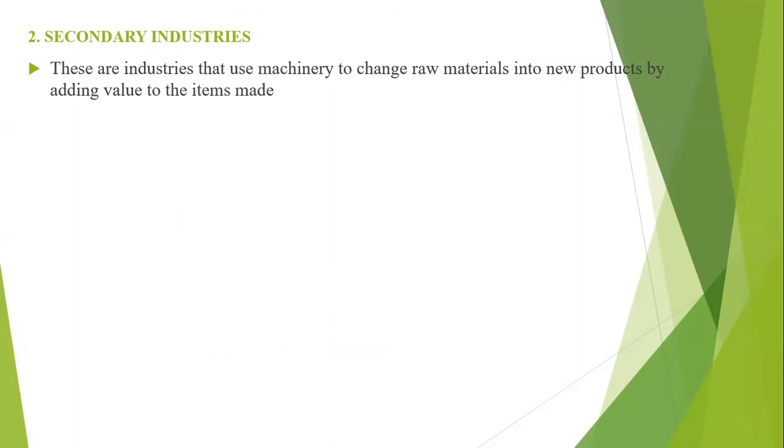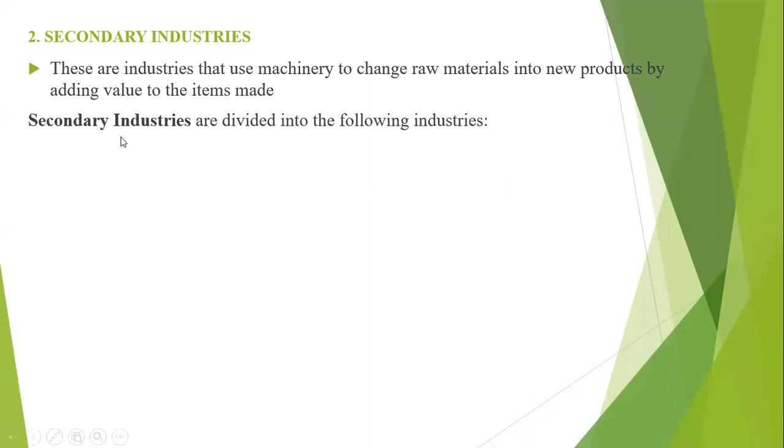Primary industries deal with extraction of raw materials from the environment. But when it comes to secondary industries, they deal with processing raw materials into new products by adding value to them. So that's a big difference. So secondary industries are divided into the following industries. We have two categories of secondary industries.